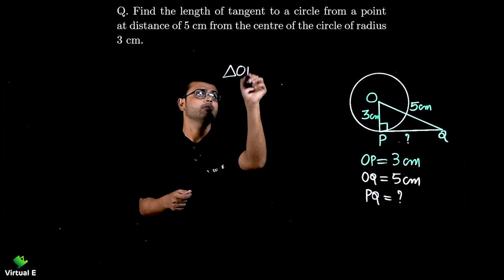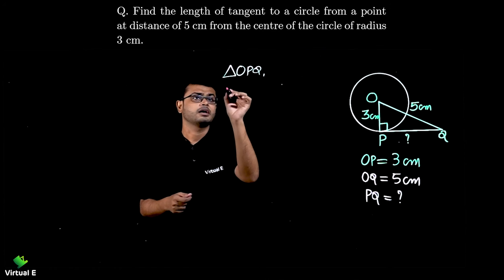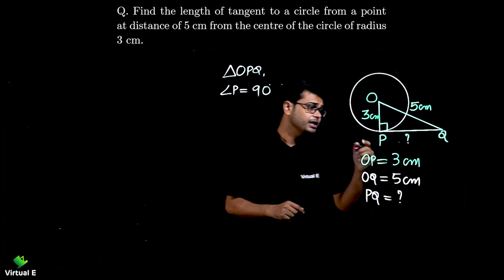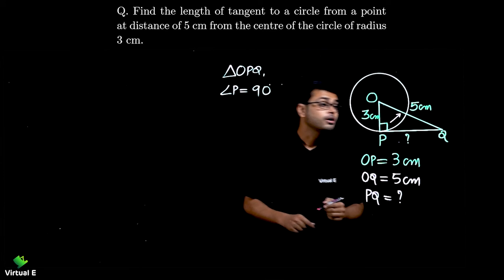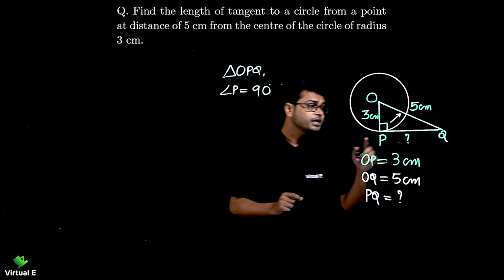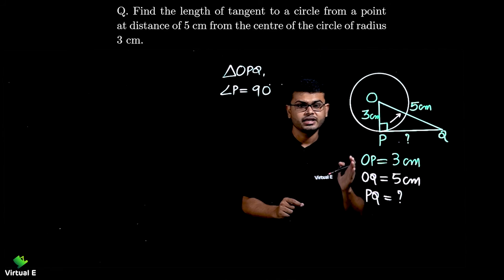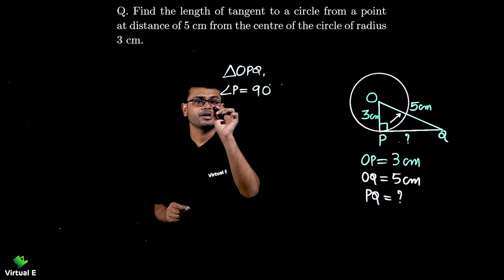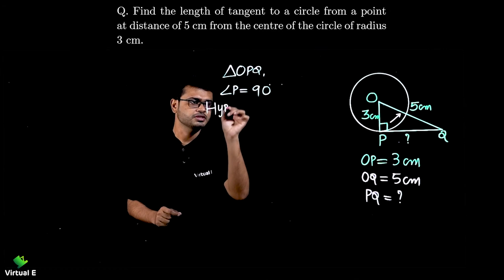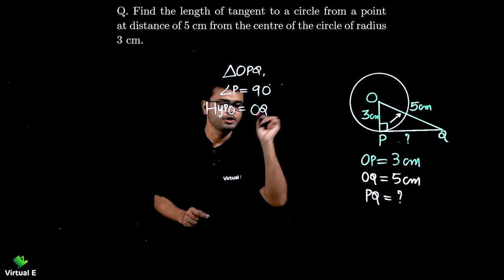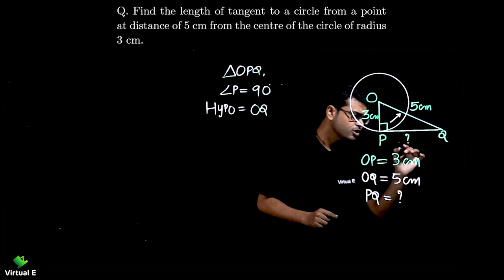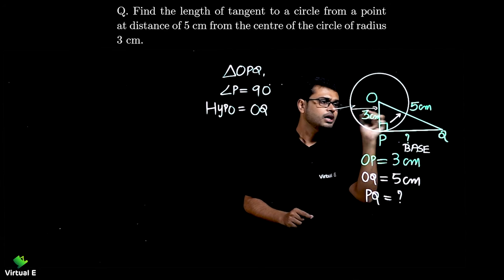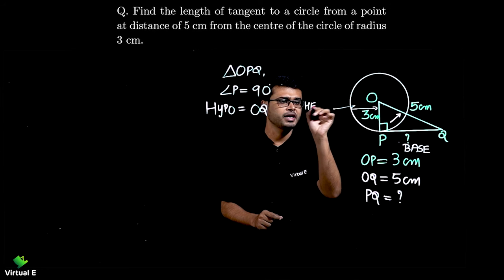In triangle OPQ, angle P will be 90 degrees, right? Now the hypotenuse is always opposite to the 90 degree angle. So opposite to angle P is the side OQ. So I can write here that the hypotenuse is OQ. Now this will be your base, no doubt in it, right? And this will be your height, or you can say perpendicular.